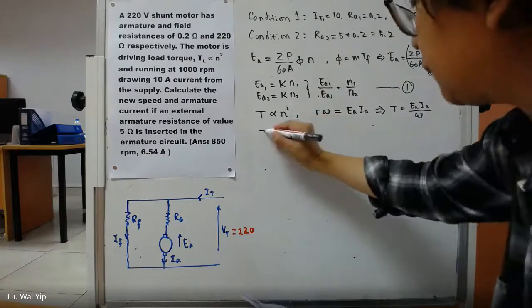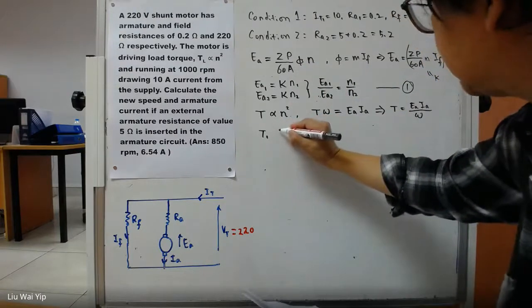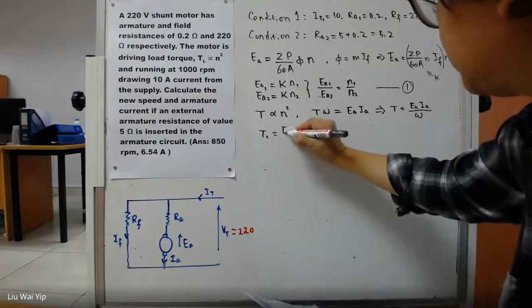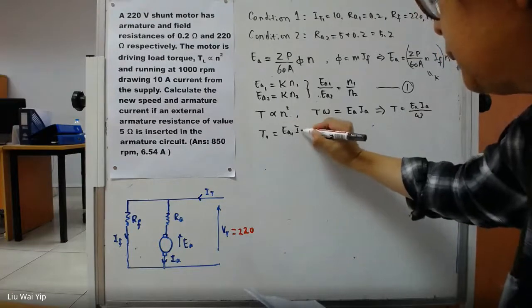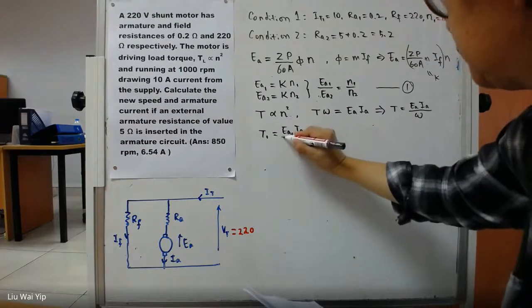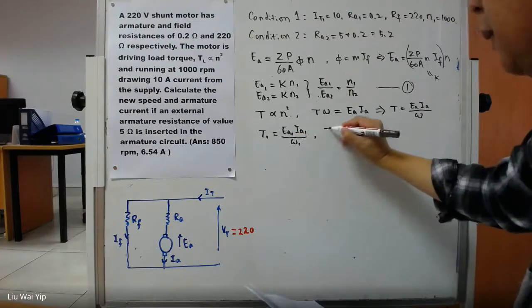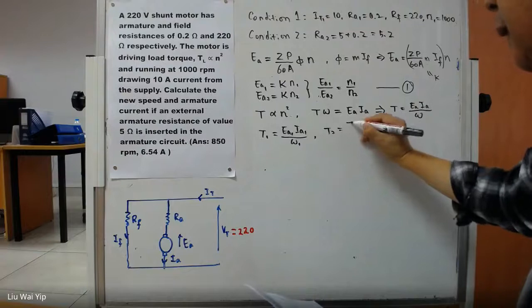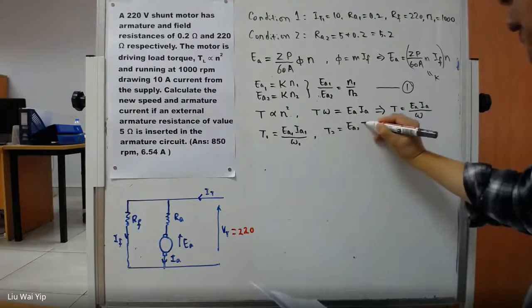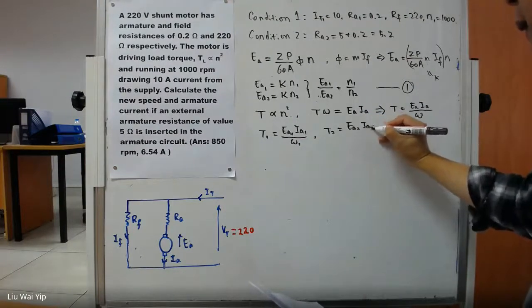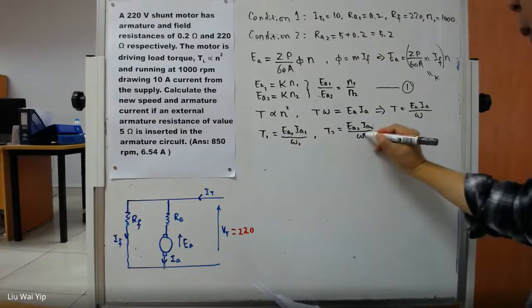So now we have T1 equals EA1 IA1 over omega 1. And we also have T2 equals EA2 IA2 over omega 2.